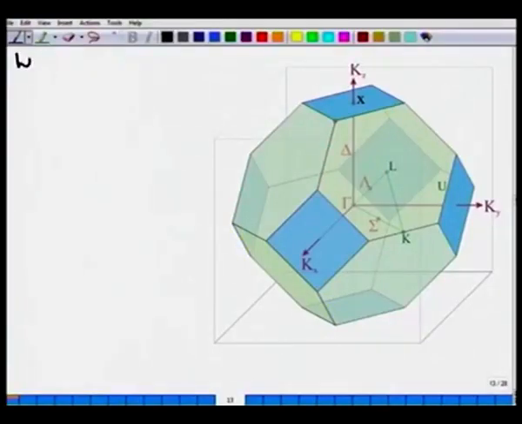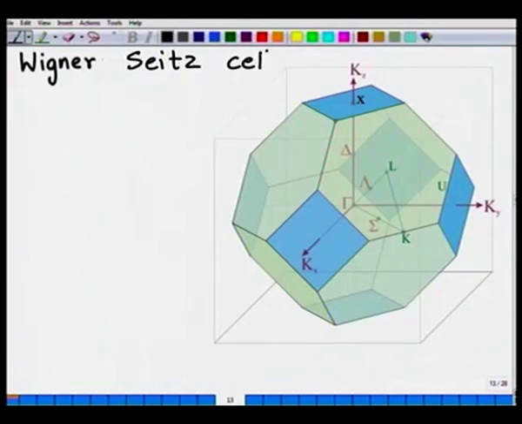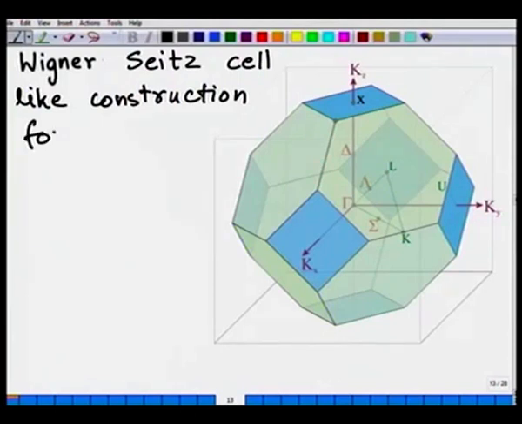Wigner-Seitz cell, again I will write that, for FCC in reciprocal lattice.